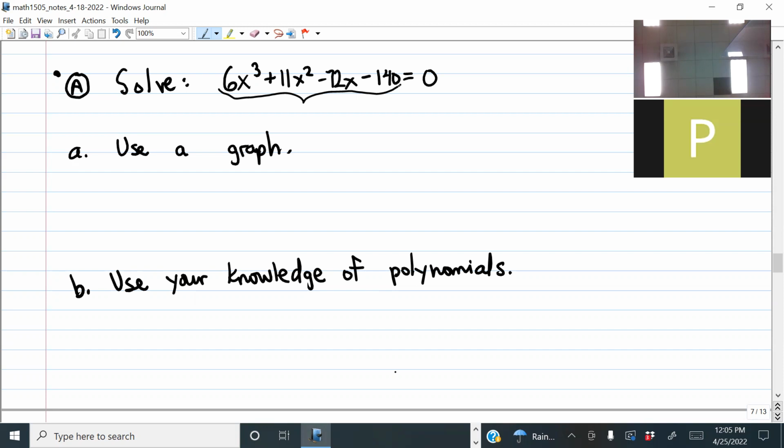Begins with a P. That's a polynomial, right? And we've got that polynomial set equal to 0, so that means we're looking for the x-intercepts of the polynomial. Trying to solve this equation is the same as finding the x-intercepts of this polynomial.